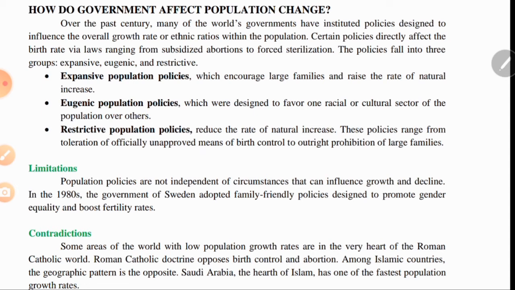Then the third, the restrictive population policies, reduce the rate of natural increase. And these policies range from toleration of officially unapproved means of birth control to outright prohibition of large families.